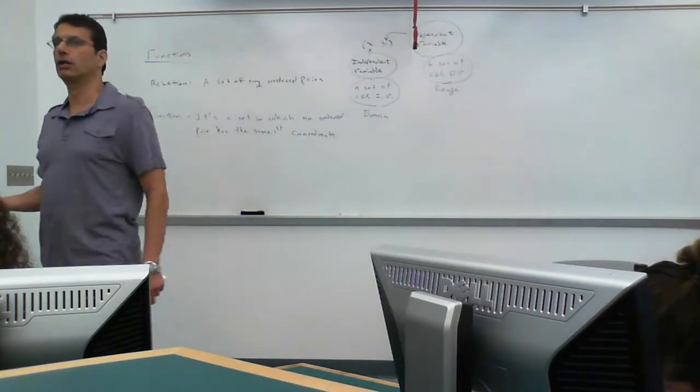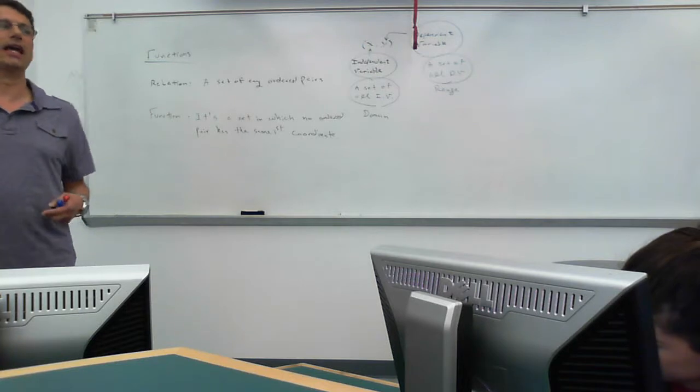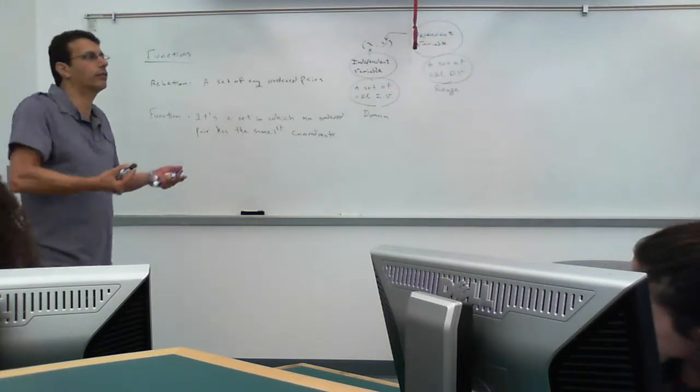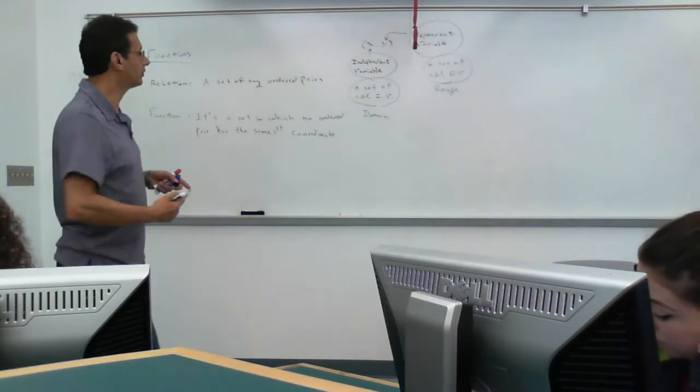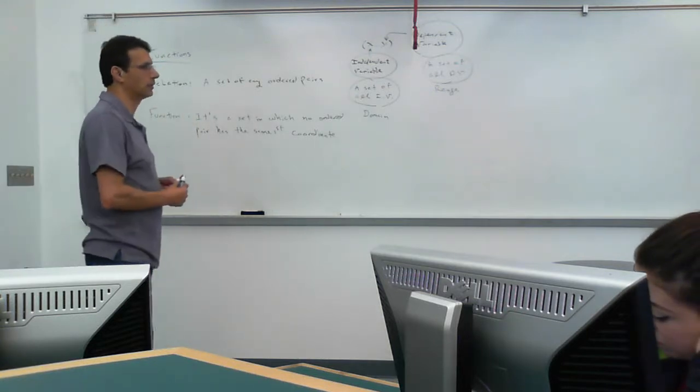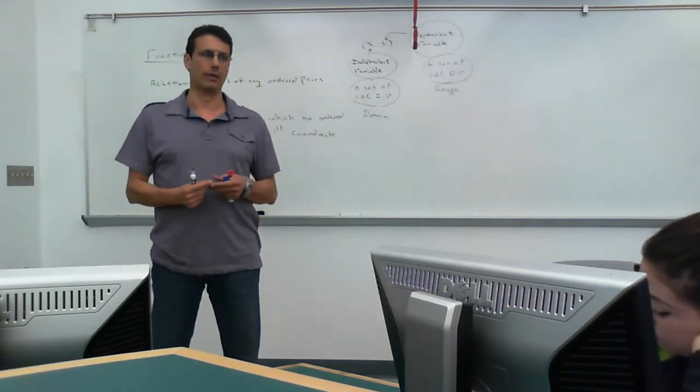Any relation where the same first coordinate does not repeat, we call it a function. That's a simple definition. To understand this concept, we will look at a simple example.